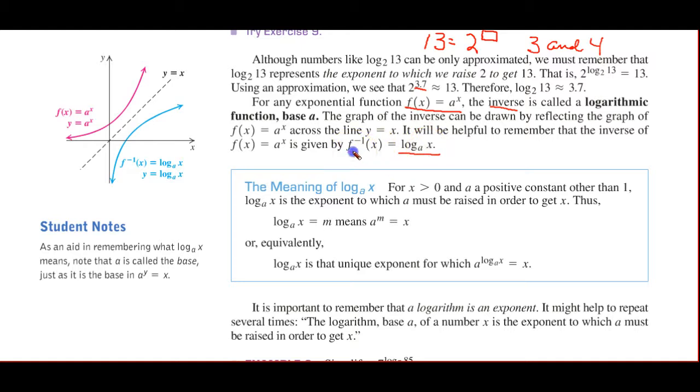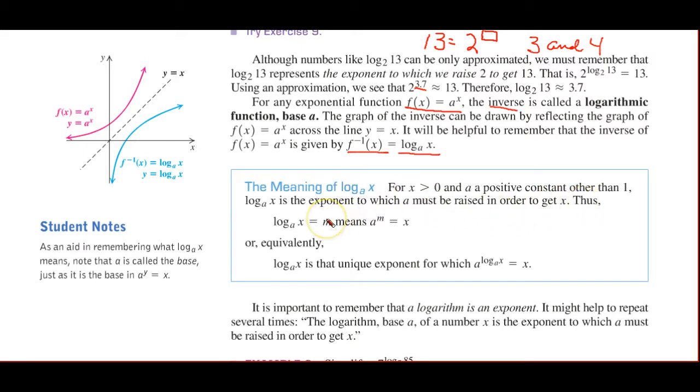That is the inverse statement of what they are saying here, and what the blue curve is. So the meaning of log sub A of x: in this case, x is going to be greater than 0, and A is a positive constant other than 1. Log A of x is the exponent to which A must be raised in order to get x.